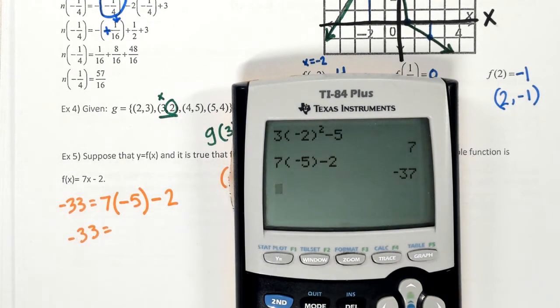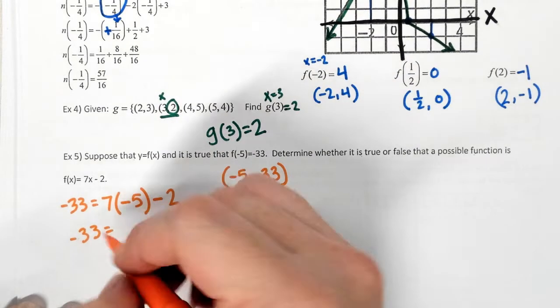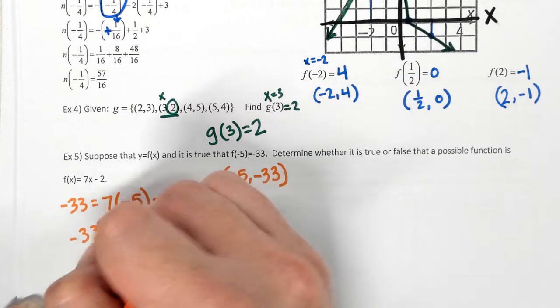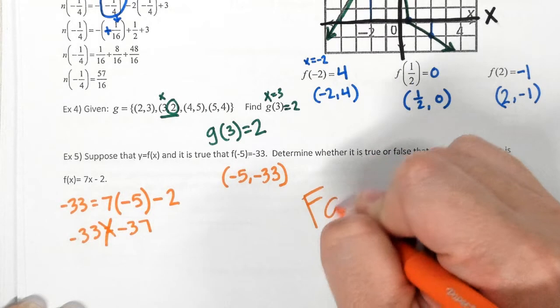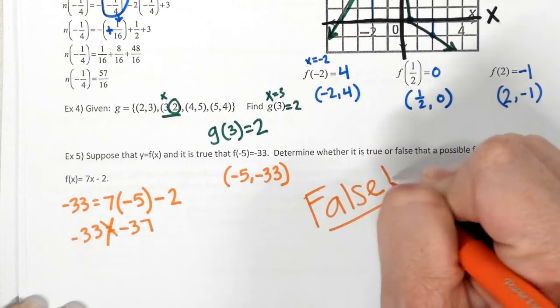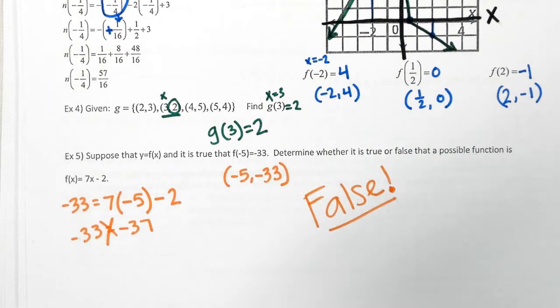And it equals negative 37. Does negative 33 equal negative 37? No, so this is false. Any questions with that? Okay, when you're done writing that down, go ahead and flip to the back.